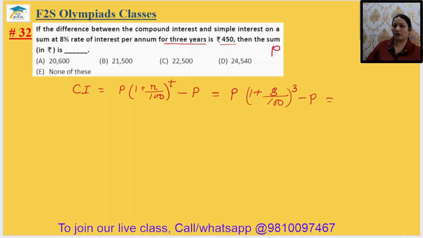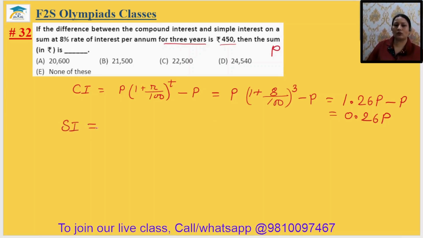After simplification it will be 1.08 to the power 3. When you simplify 1.08 to the power 3, it will be 1.26P minus P, that is 0.26P. So compound interest in terms of principal will be 0.26P. Now come to simple interest.